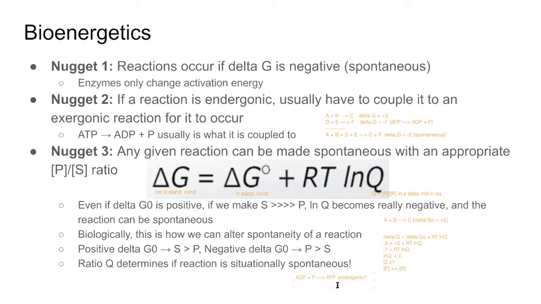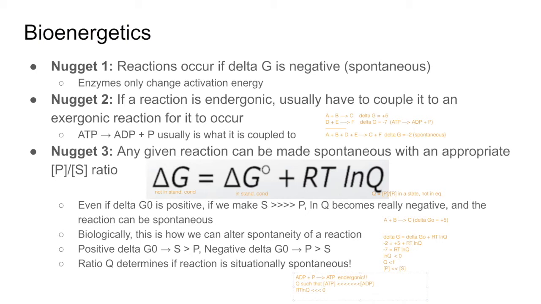If I want this reaction to happen, I can have a Q such that ATP concentration is way less than ADP and P. If I have that scenario, then RT ln Q of that reaction will be very negative.